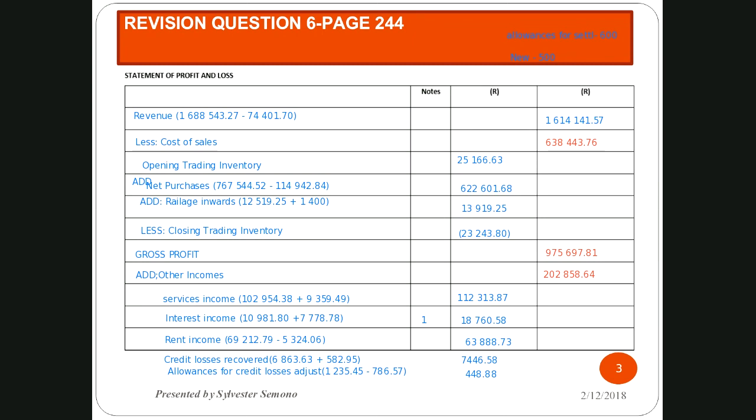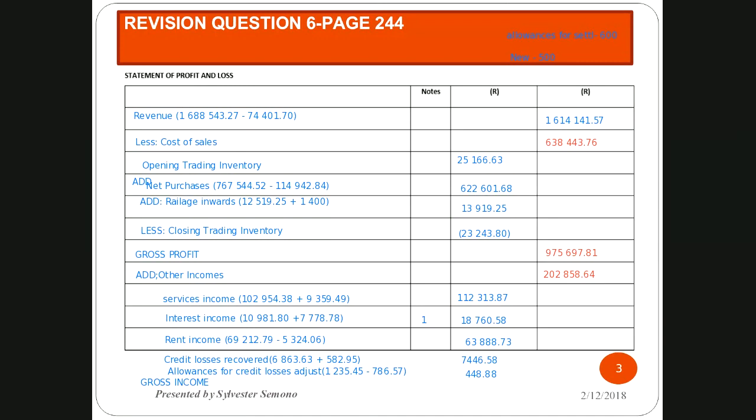Please add them for me. So I'm going to get gross income. I'm going to put it here in line with the gross income here. Please let me know how much you found.